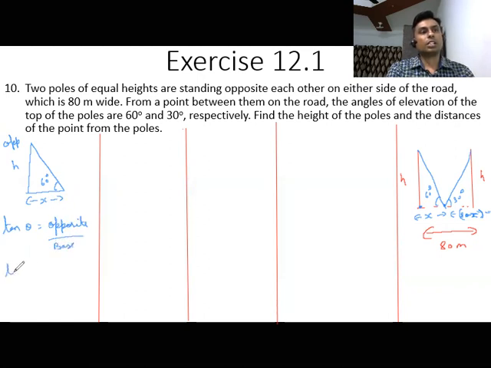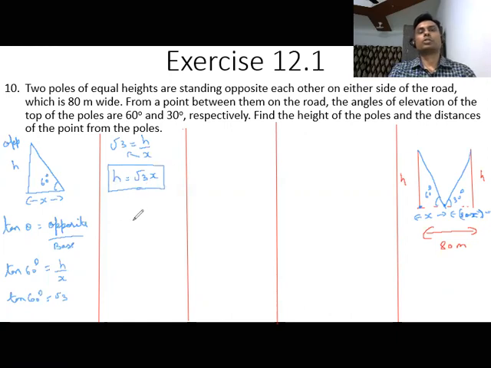So tan 60 degrees is equal to h by x. Tan 60 is root 3. So root 3 is equal to h by x. Cross multiply, h is root 3x. This is the height of the poles. Now I will use this in the next case.